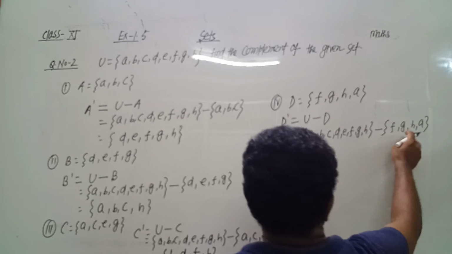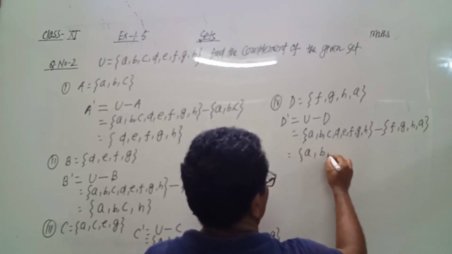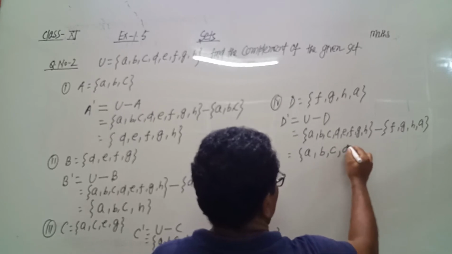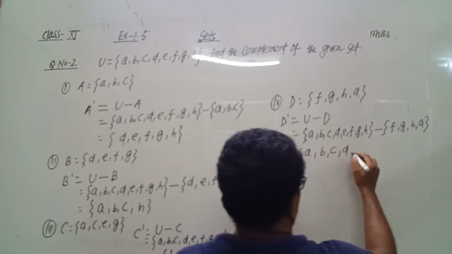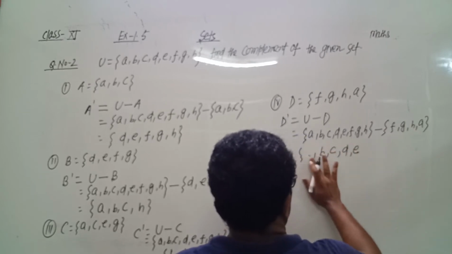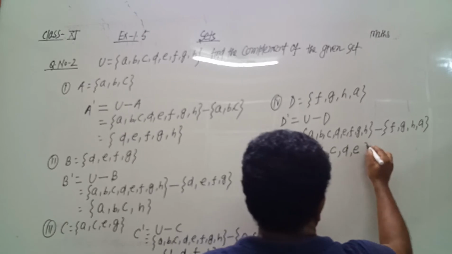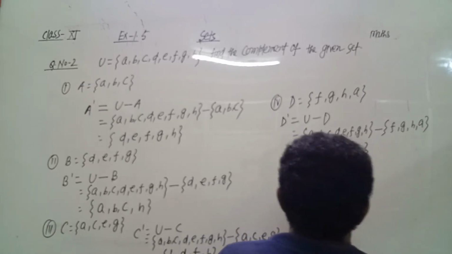So which elements are not available in the other set? F, G, H are available, A is also available. So the result is {B, C, D, E}.